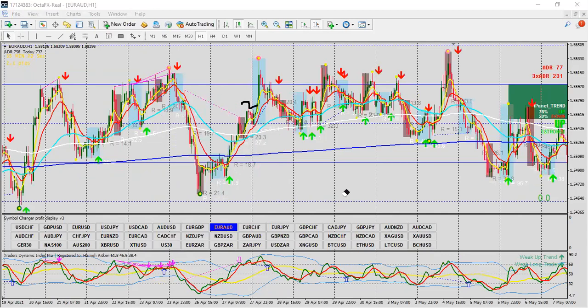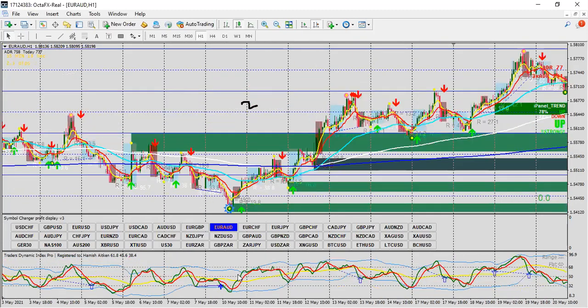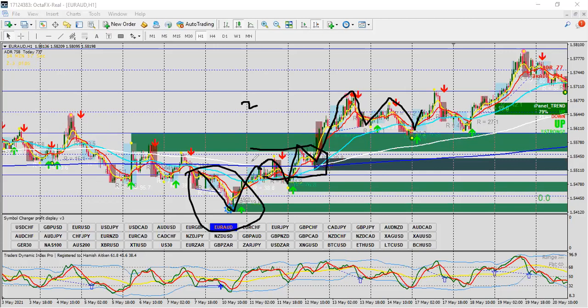So, examples of pullbacks on our chart. The market got here, pullback, right? Got here, pullback, right? Got here, pullback, right? But for the consolidation method, we know that these are peak formations. This is one consolidation.